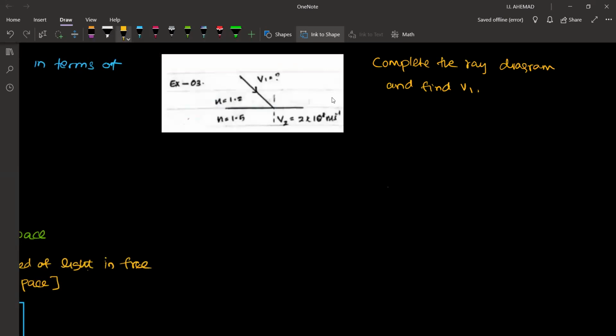So how to complete the ray diagram? You have to draw whether this light ray is going to deviate towards the normal or away from the normal. What can you tell? Will it deviate towards the normal or away from the normal? Yes, Simran. So continue.